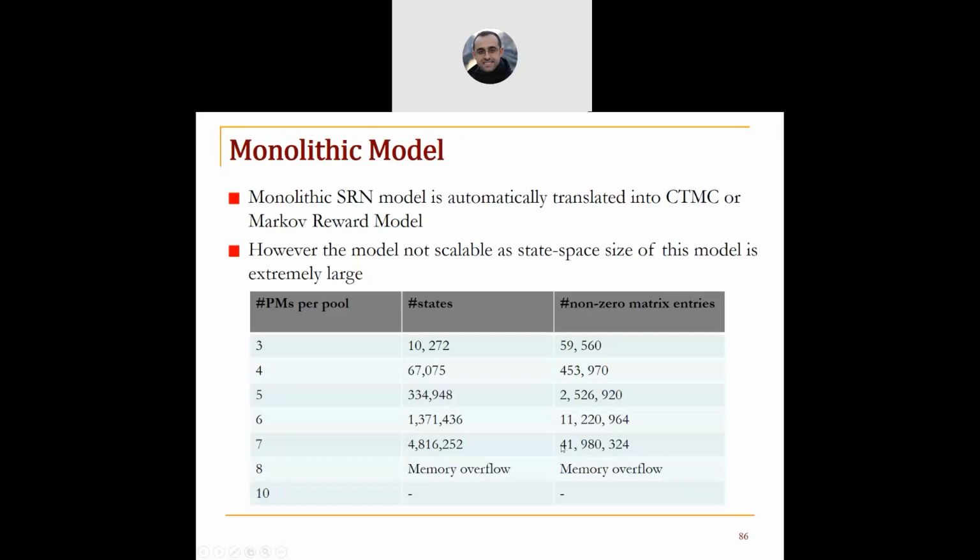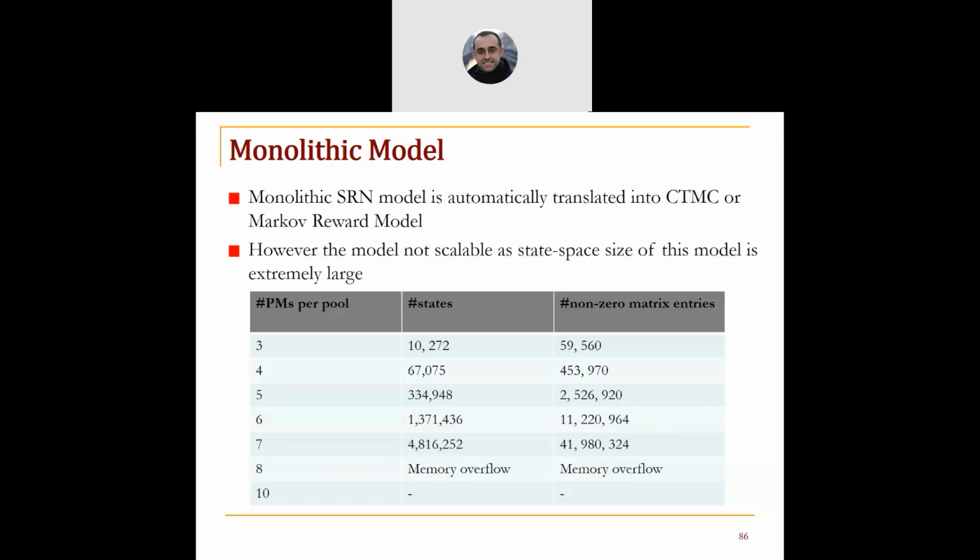When I go to 8, 8, 8, memory overflow occurred. So I was not able to store the underlying Markov chain. So 8, 8, 8 is a rather small system. 7, 7, 7 is a very small system that I have to solve. So this largeness tolerance approach seems very nice, but it is limited.